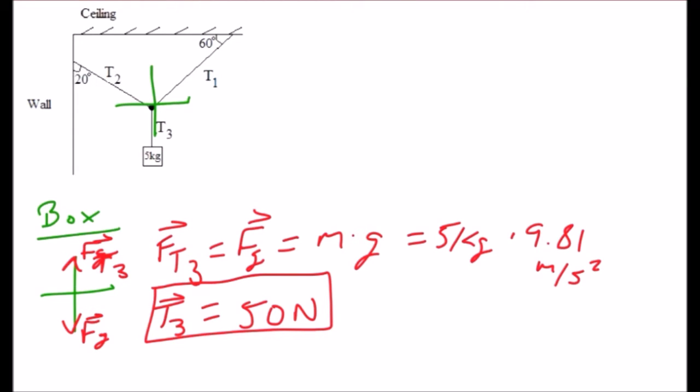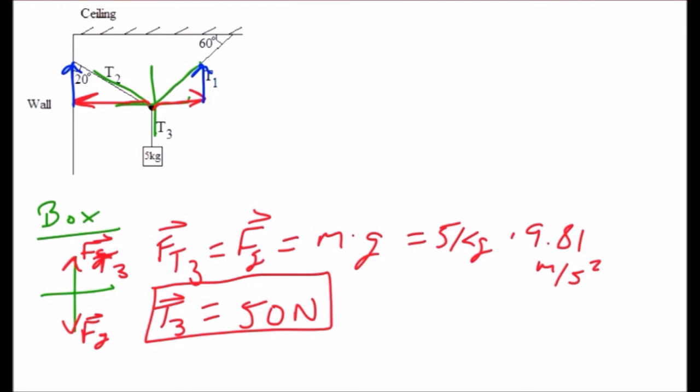Okay, so we have this vector here, and we have this vector here. That means we're going to have an x component of T1, a y component of T1, an x component of T2, and a y component of T2.